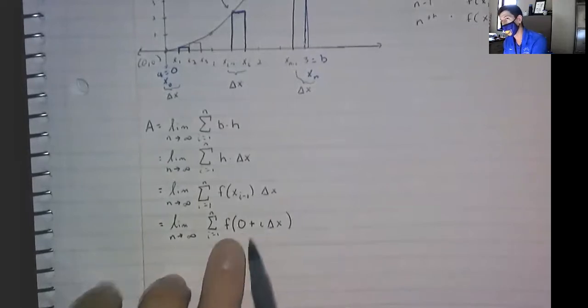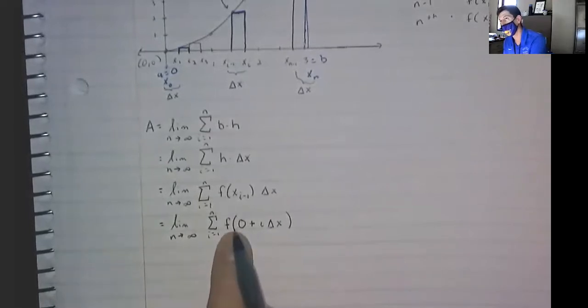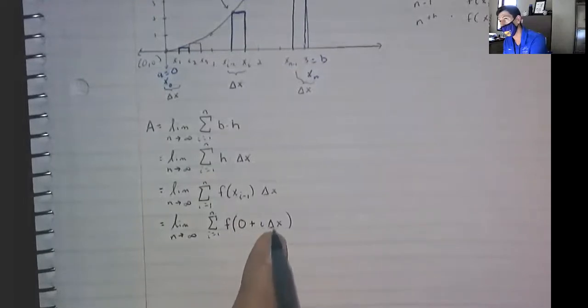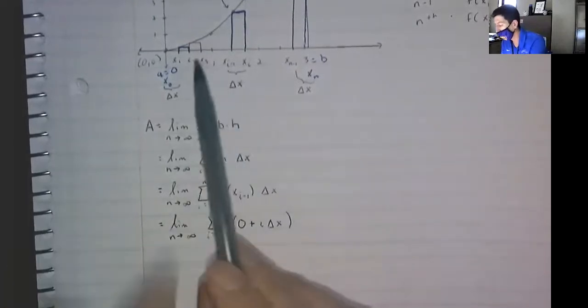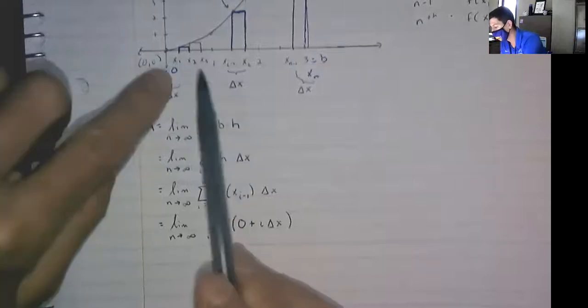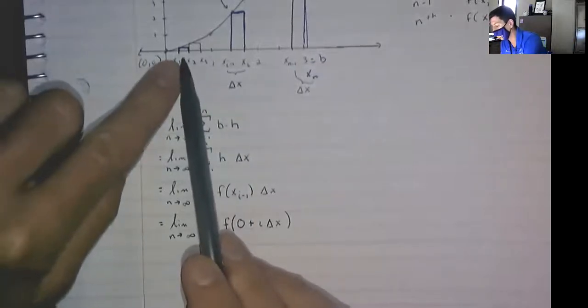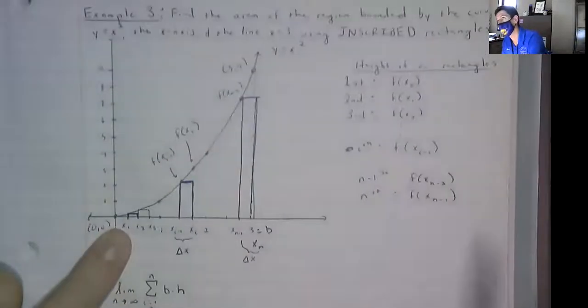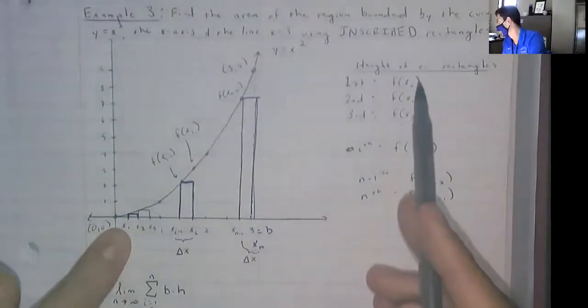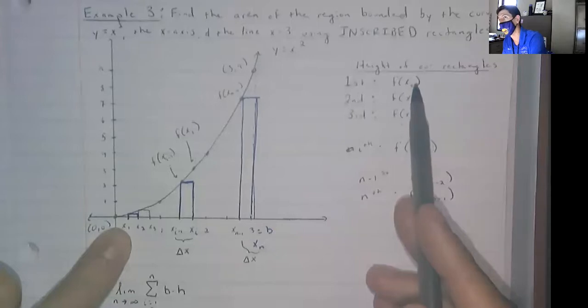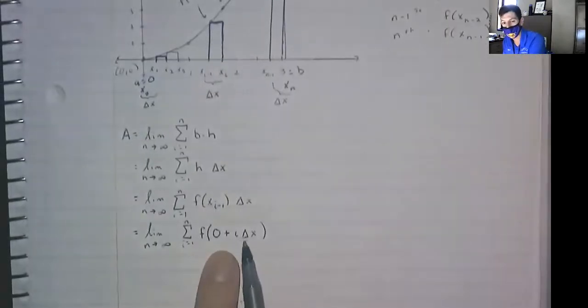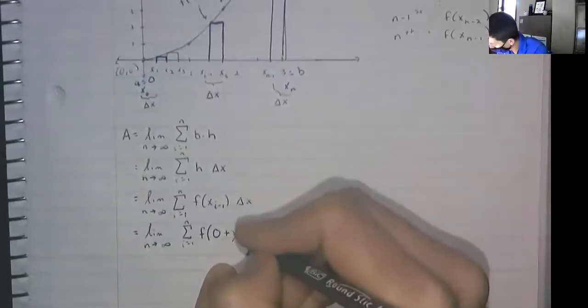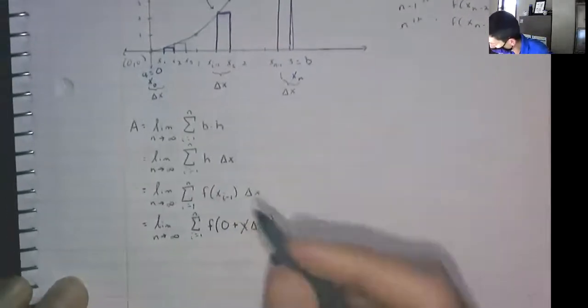Because if we plug in a 1, it would be f of 0 plus 1 delta x. 1 delta x gets us to f of x sub 1 for that first stop. Did we want f of x sub 1 for that first stop? What do we want? x sub 0. So instead of using i here, we need to use, and I'll just rewrite this whole step.